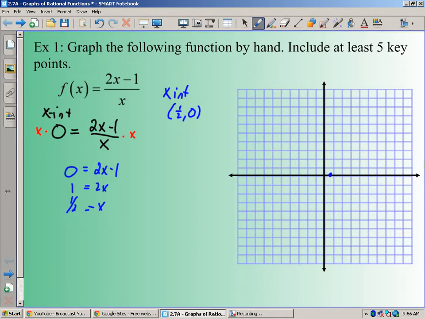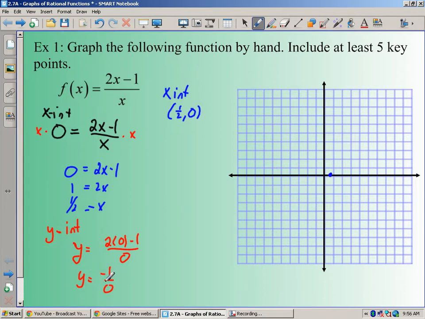Then I'm going to find the y-intercept. That's when I set x equal to 0 and solve for y. If y is really f of x, I'm going to say 2 times 0 minus 1 over 0. With a little quick simplification, y is equal to negative 1 over 0, which means there is no y-intercept in the domain, because we can't have the bottom be 0.